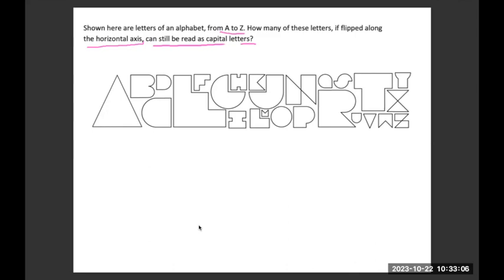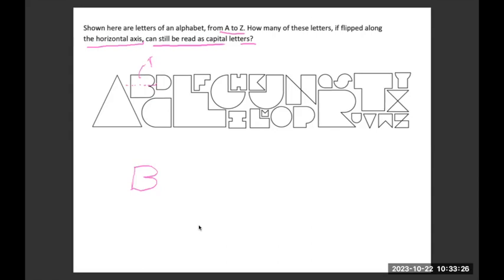Let me give you an example. If I flip B along this horizontal axis, it will be read as B only, because when I flip it along the horizontal axis, it will come like this. So B is one of the options which will be considered.